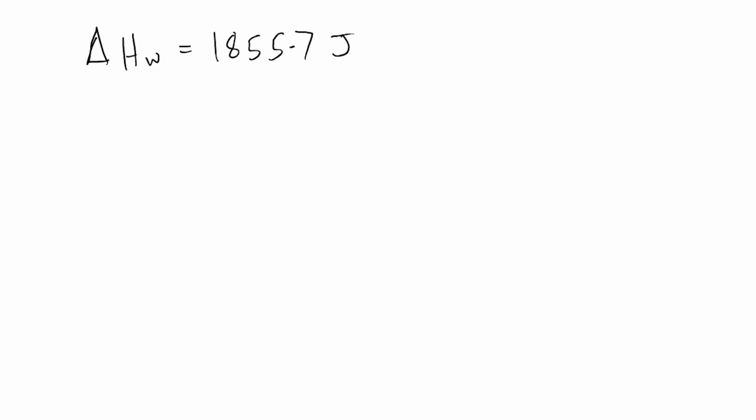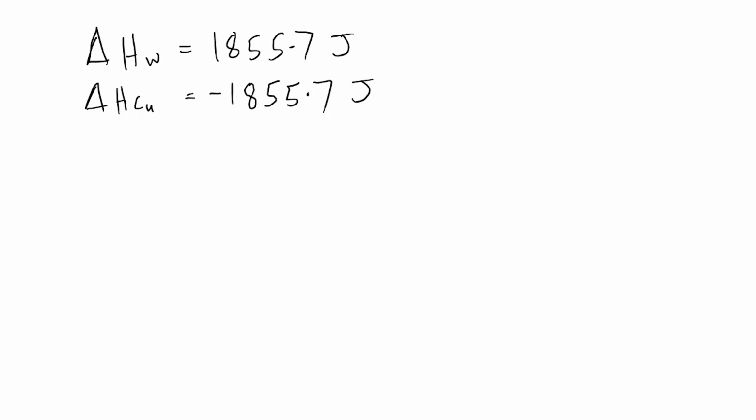Now the delta H for the copper is going to be just minus that, because overall energy is conserved. So the energy that's gained by the water is the energy that was lost by the copper.